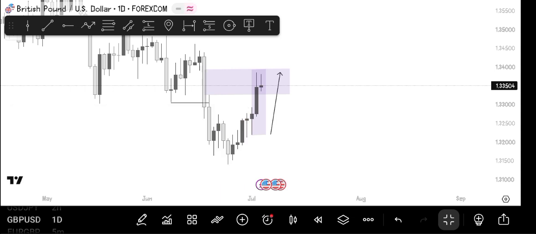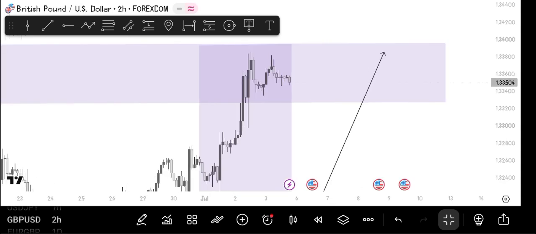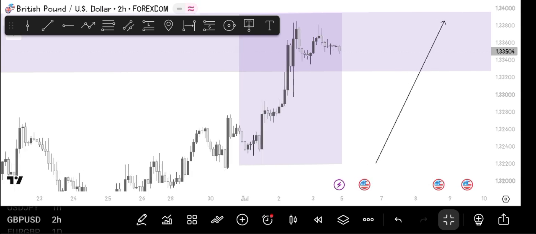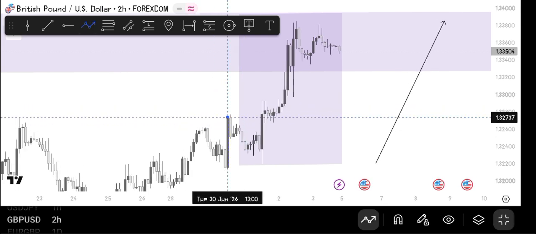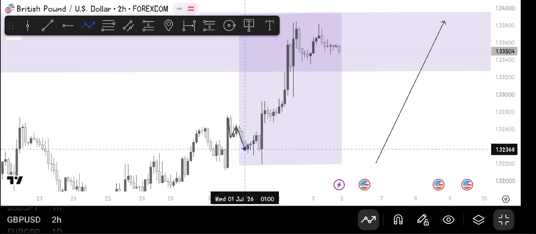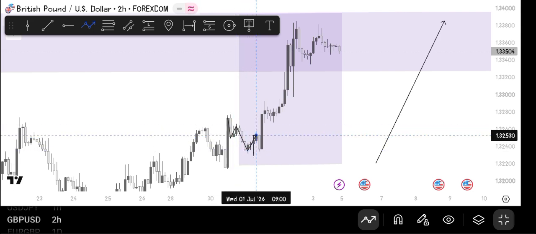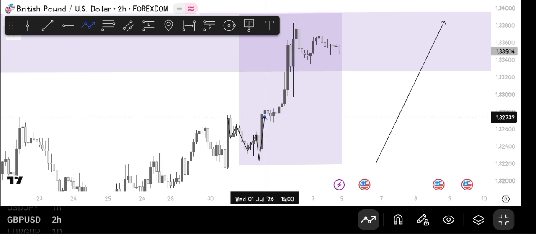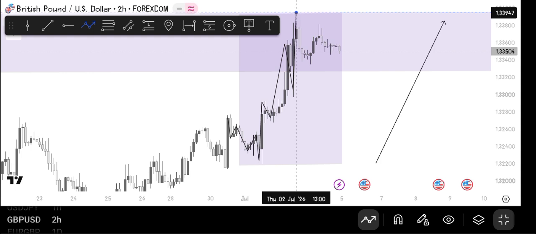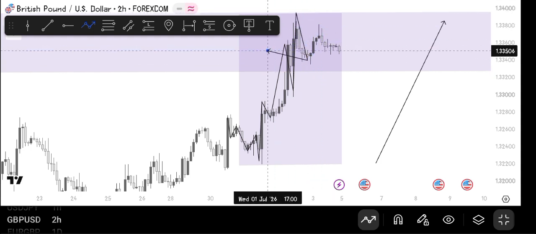So coming to the 2-hour time frame, let's see something. Now you can clearly see the box on the 2-hour time frame. Price was actually trending. It gave a minor external structure right here. It went up, pulled back, went up again, pulled back, went up, pulled back, went up until it gets to this fair value.